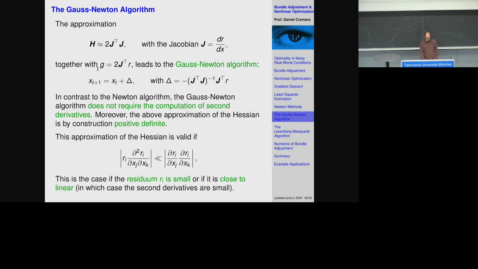And so the update in the Gauss-Newton algorithm is: take the old iterate plus the update delta, and delta is J transpose J, so our Hessian approximation here, inverse times J transpose R. The factors 2, as you can see, they cancel here.